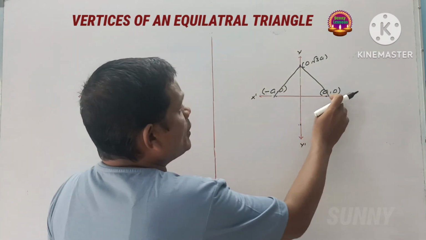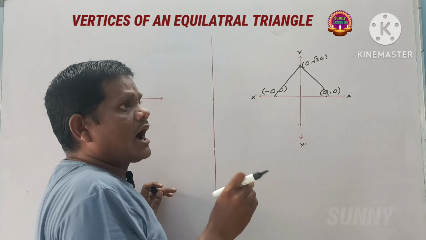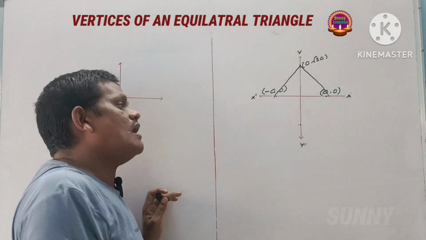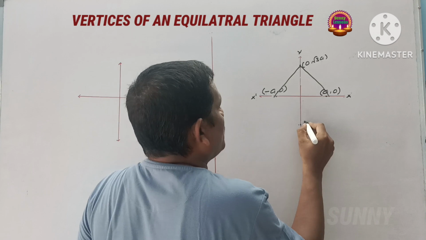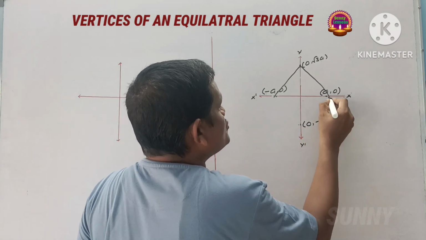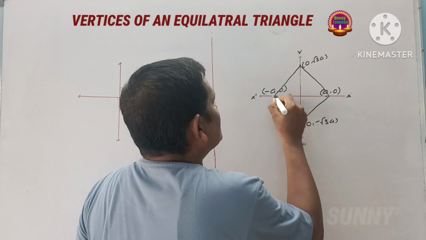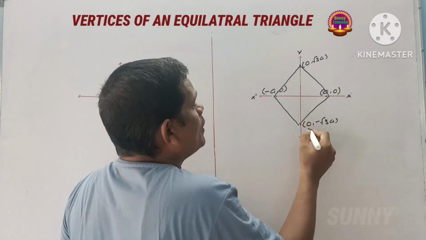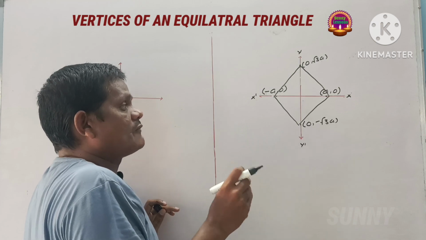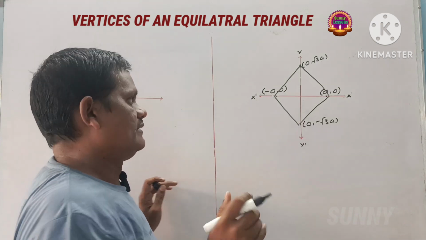Like that, (a, 0) and (-a, 0) are the two vertices of an equilateral triangle, and the third vertex lies on the negative y-axis. That point is (0, -root 3 a). If you join these three points, they form an equilateral triangle.